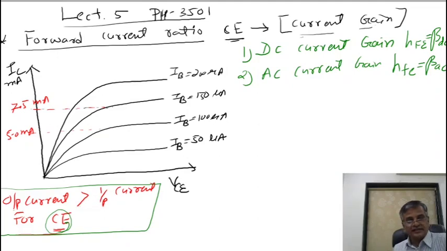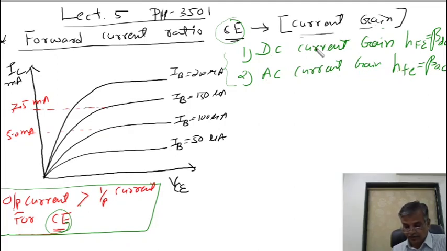From this you can say that this common emitter provides you gain in current. So there are two ways you can define the current gain: DC current gain and AC current gain.